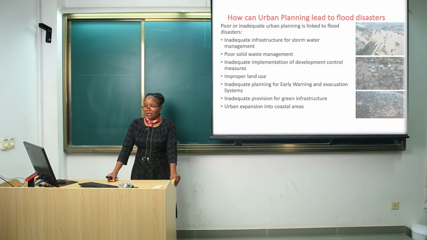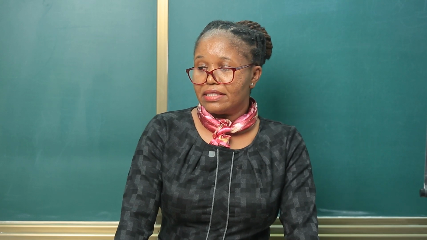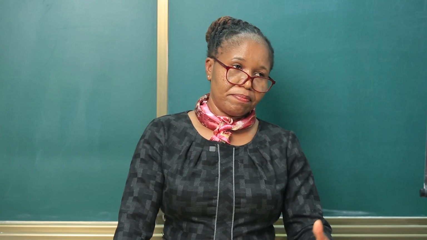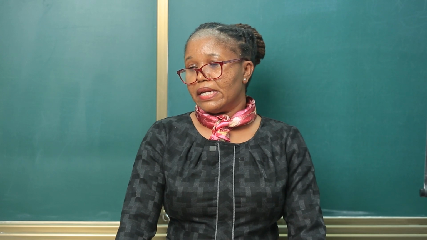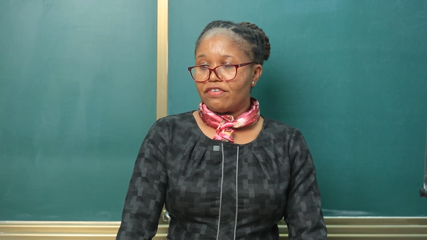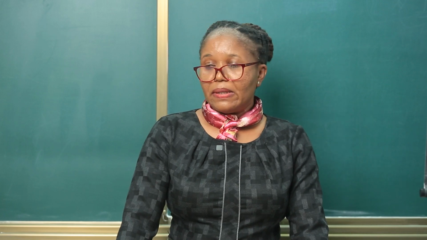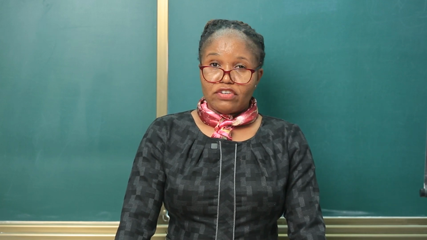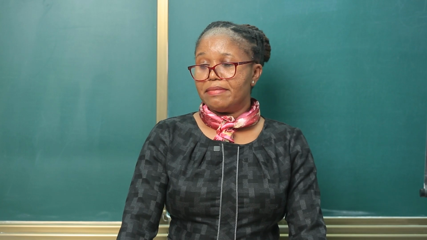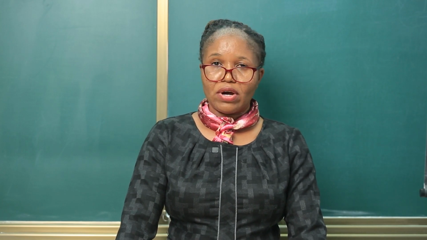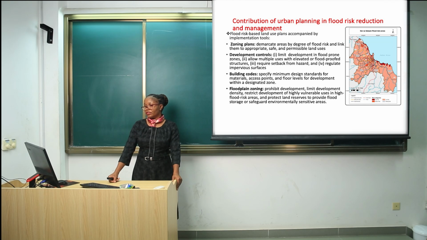For instance, by ensuring proper zoning plans that demarcate areas by degree of flood risk in different parts of a city or a town and link them to appropriate, safe, and permissible land uses. Also, through ensuring effective development controls, for instance, by limiting development in flood-prone zones or allowing multiple uses with elevated or flood-proofed structures, or requiring setbacks from hazard areas and regulating impervious surfaces or promoting more green structures.